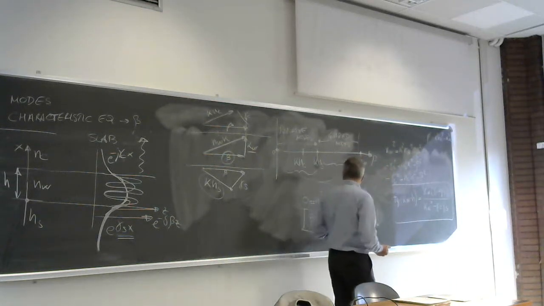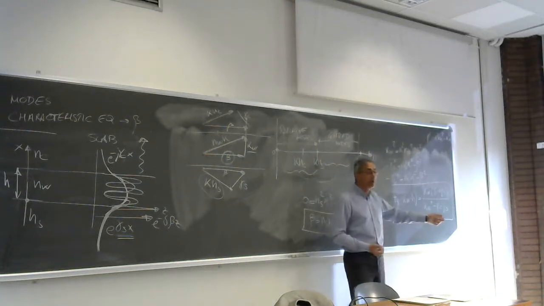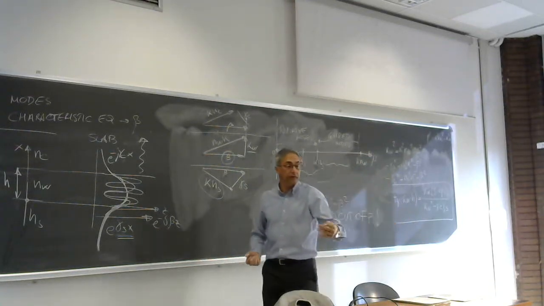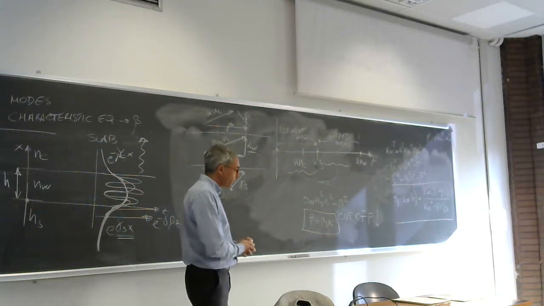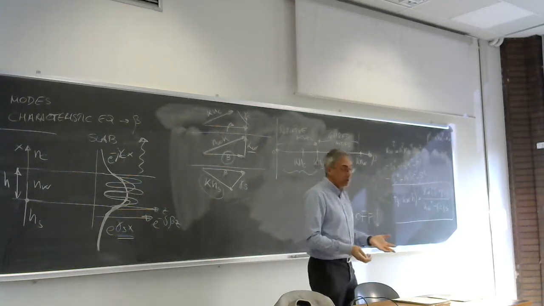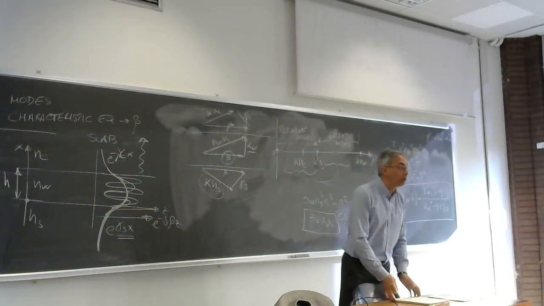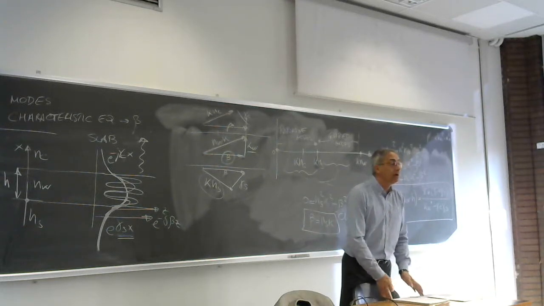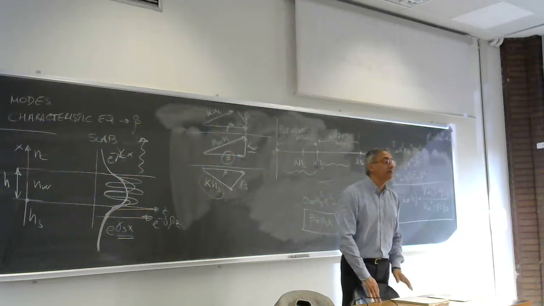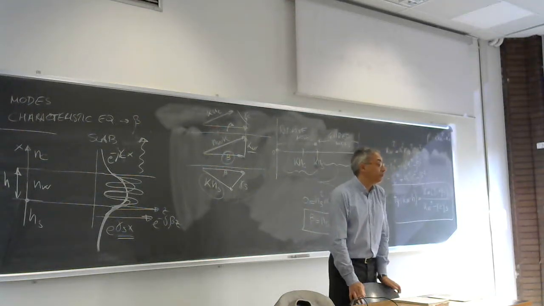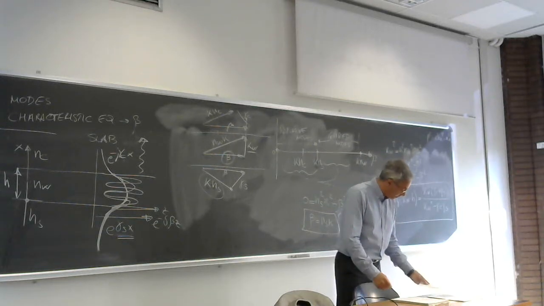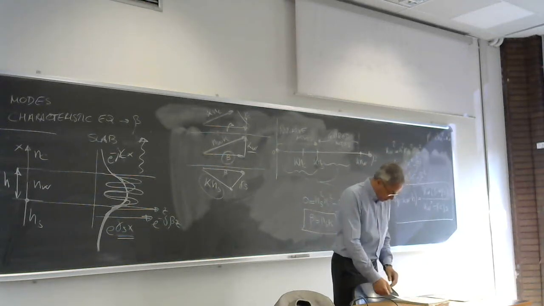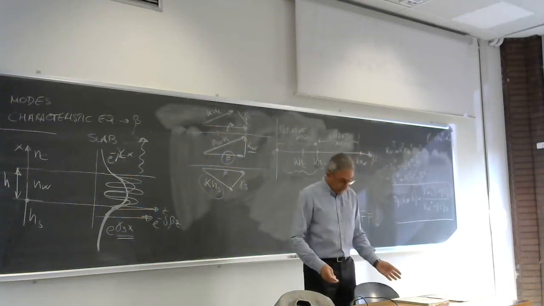So this is the cutoff, and if you play with this one, you get the expression of the cutoff wavelength. Here we have a closed form formula that gives you the cutoff. The one for the symmetric slab I gave you yesterday, you remember. Maybe you want to write it again.